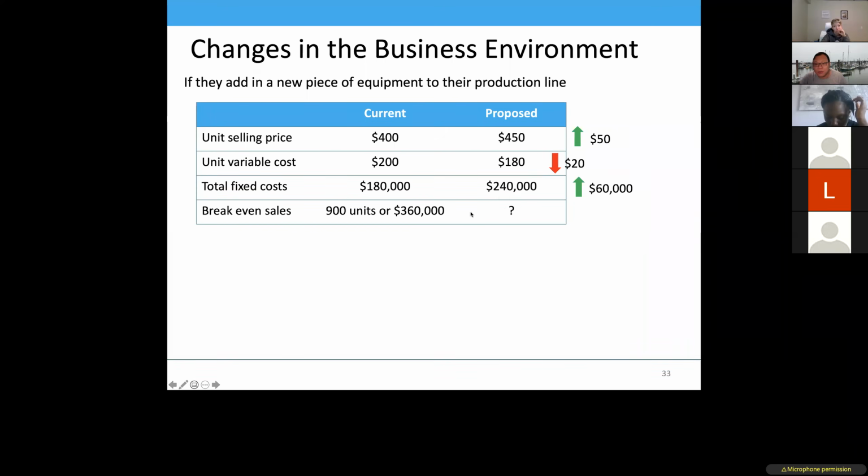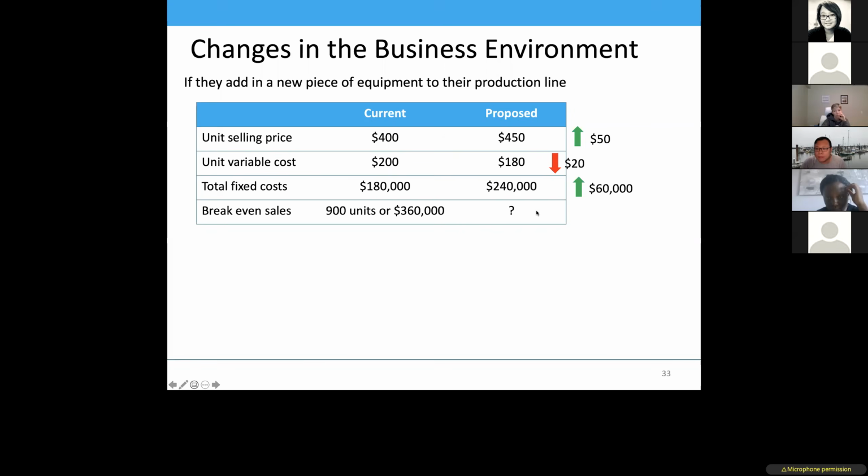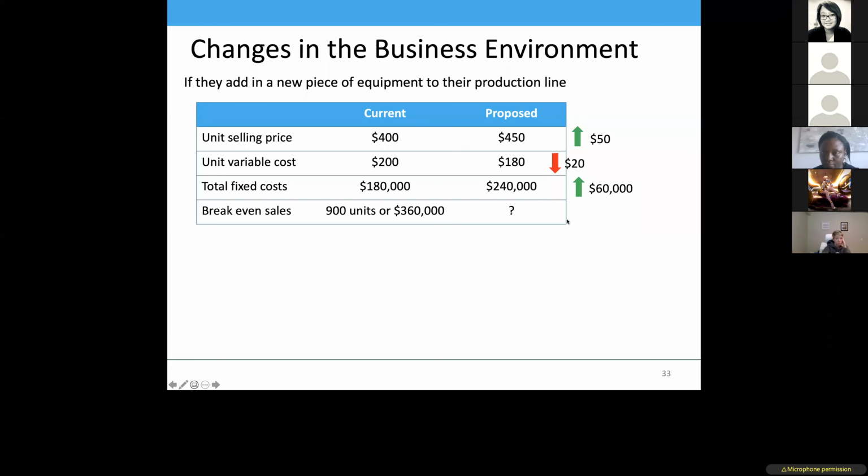Does anyone know? Rachel? I got that you need to sell 889 units in order to cover the fixed cost. Okay, Aaron? I got the same thing as hers, 889 units. Okay, Kate? 400,000 dollars.